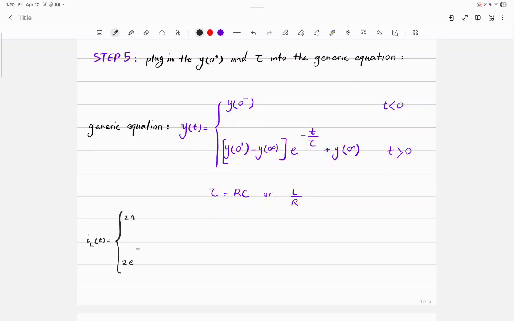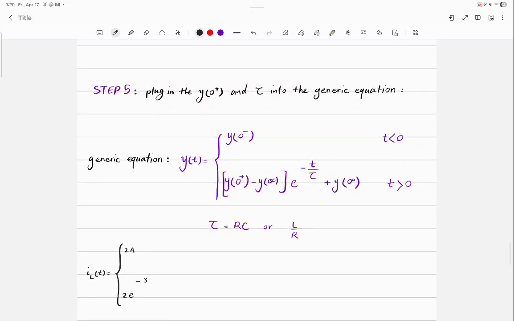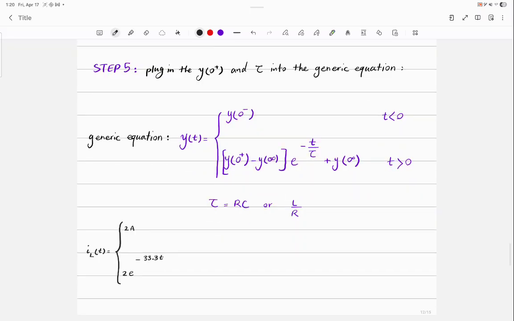What is 1 over tau? 33.3 t. Plus y infinity, which is 0 amps. That is for t negative, and that is t positive.